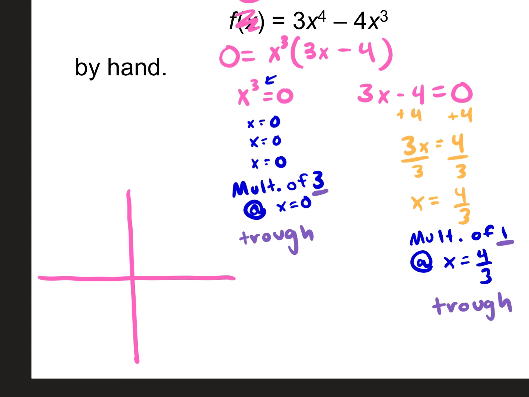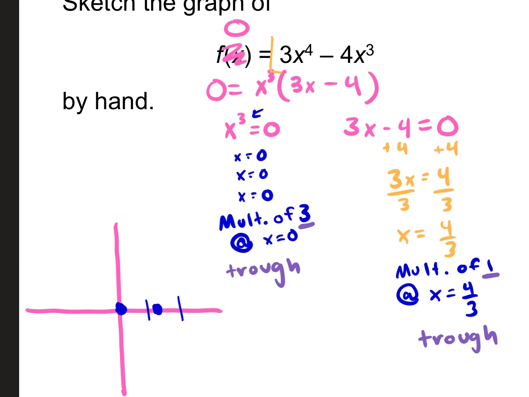So now I can graph. I'm going to put a point at 0 and another point at 4/3, which is like 1 and 1/3. So it'd be about here. We need to figure out the end behavior. So looking at 3x to the 4th power, it's even. So does that mean they go in the same direction or opposite? Same direction. Are they going to go up and up or down and down?